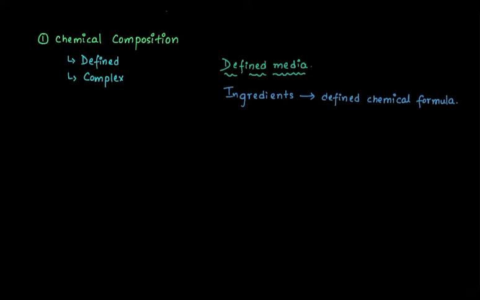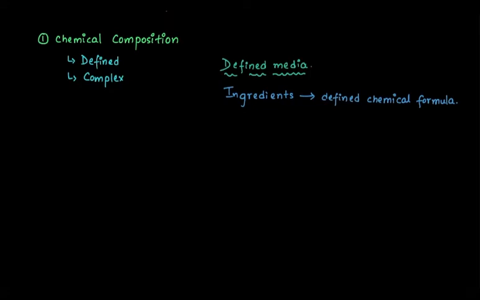So for example, let's say we are growing some photosynthetic microbes that use carbon dioxide as carbon source and light as energy. So we're going to give them sodium bicarbonate, the formula we know. We give them nitrate or ammonia as nitrogen sources. We give them sulfate.